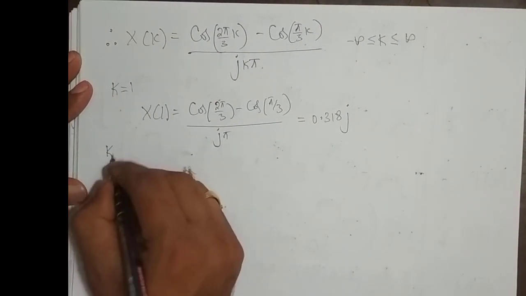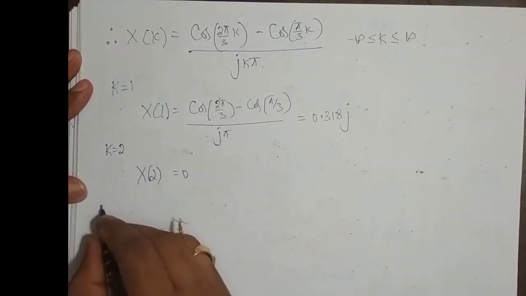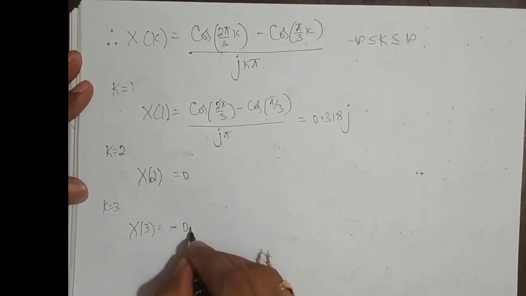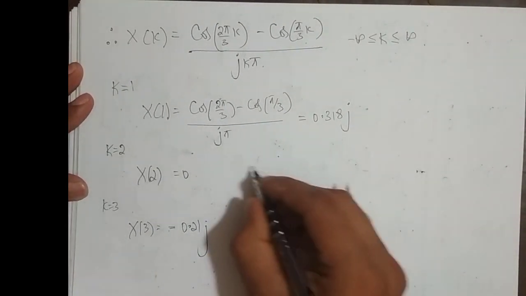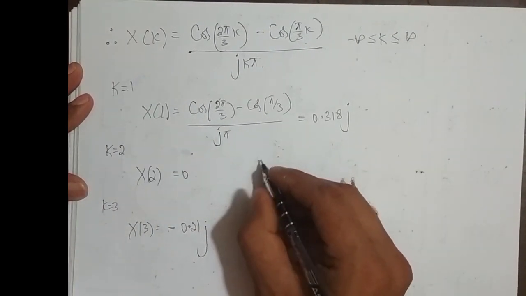When I put k equal to 2, I get x of 2 is equal to 0. When I put k equal to 3, I get x of 3 is equal to minus 0.21 j. Fine. This is the positive side of k.